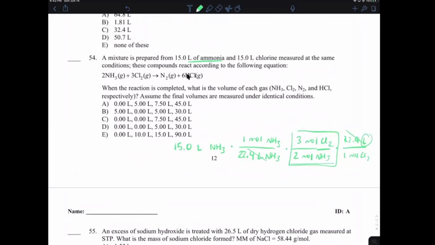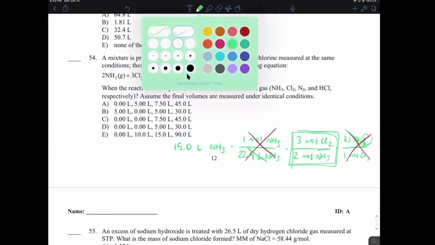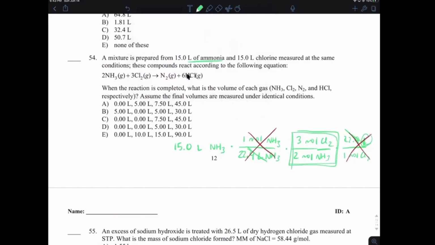All we have to do is multiply by this ratio, because we start by dividing by 22.4, but at the end we multiply by it again to get to liters. Knowing that, we don't have to convert to moles because we're going to convert back to liters.